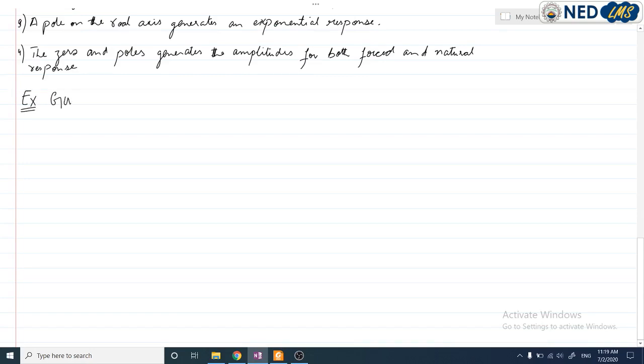Given the system, the transfer function of the system will look like this, with s plus 5.